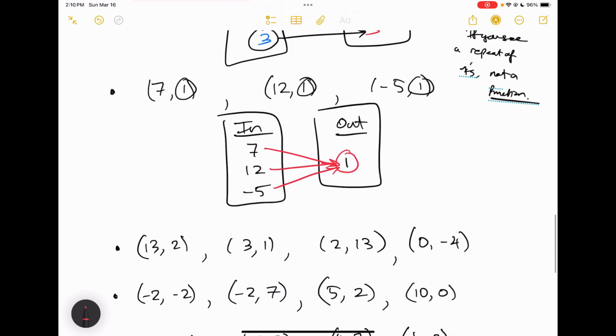It says nothing about outputs. So the output could be a duplicate for some of them. But here, each of these inputs only has one exact output, even if it's a common one. Each one only has 1 arrow coming from it, so is this a function? Yes, indeed. Don't let this mix you up, because repeated y's are fine.